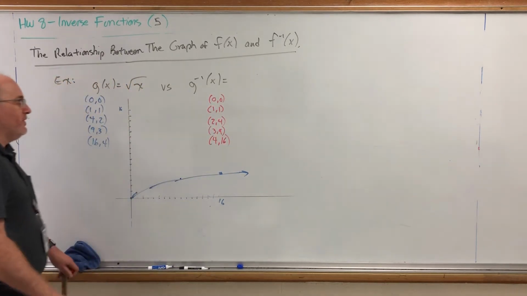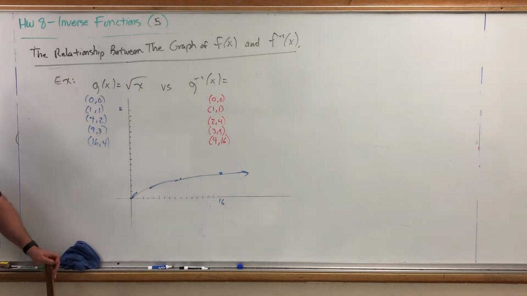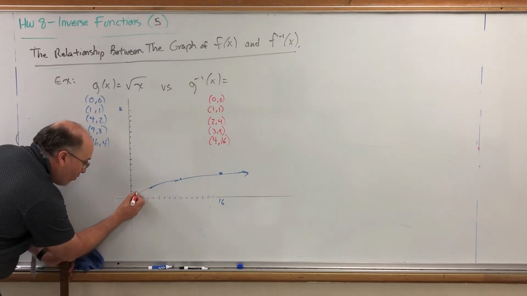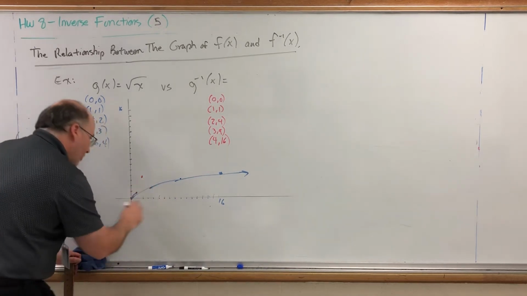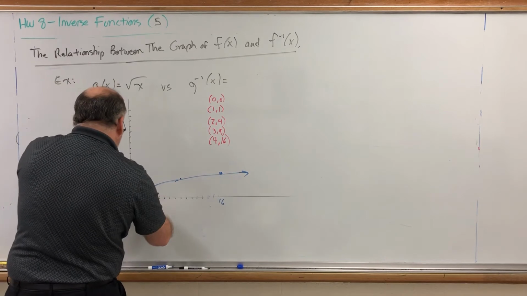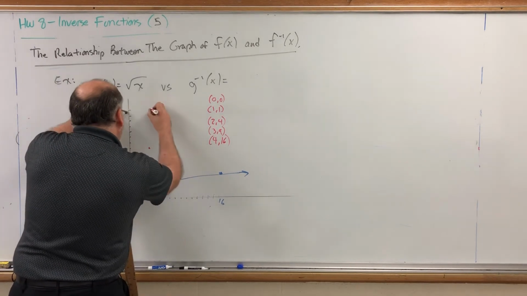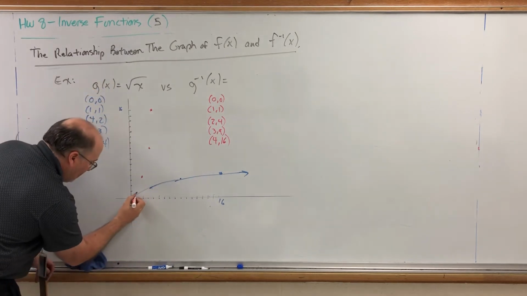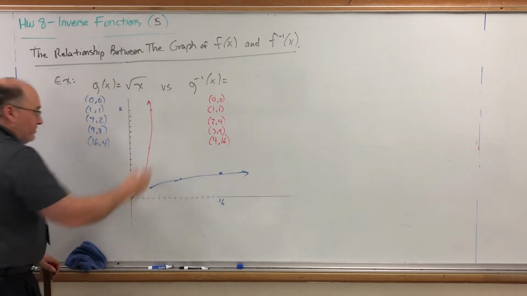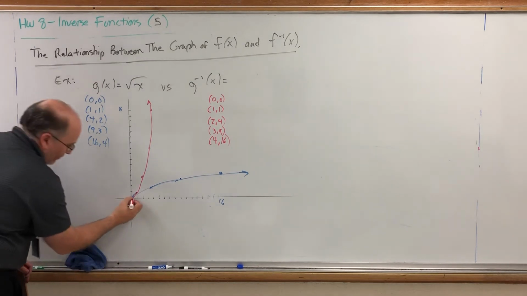So in order to get this function's graph, I would just have to switch the coordinates: (0, 0), (1, 1), (2, 4), (3, 9), and then (4, 16) is going to be way up here. So it's kind of the same shape, it's just going in a different direction.